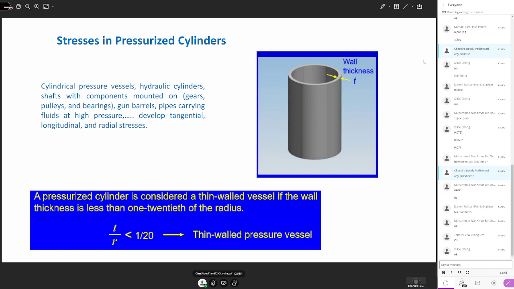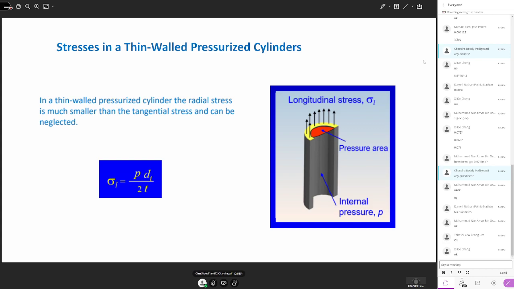In thin walled cylinders, the ratio of thickness to radius will be less than 1/20th. We have done this in solid mechanics too. So this is for the longitudinal stress in thin walled cylinders.